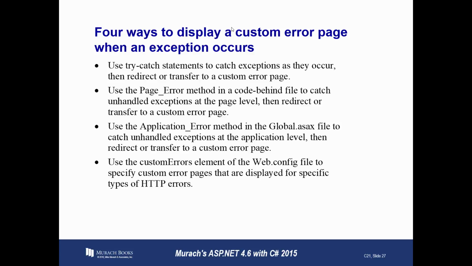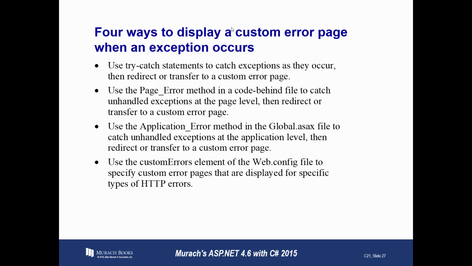Second, you can code a Page_Error method in the code behind file for a page. This method is called when an unhandled exception occurs on the page. Then, in that method, you redirect the user to a custom error page. Third, you can use the Application_Error method in the global.asax file.